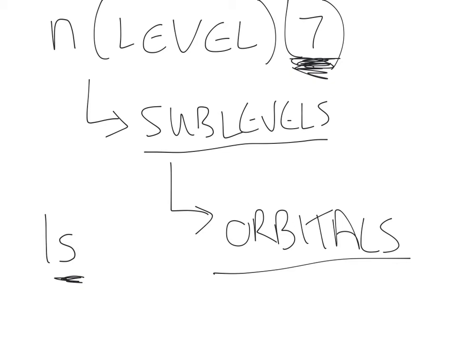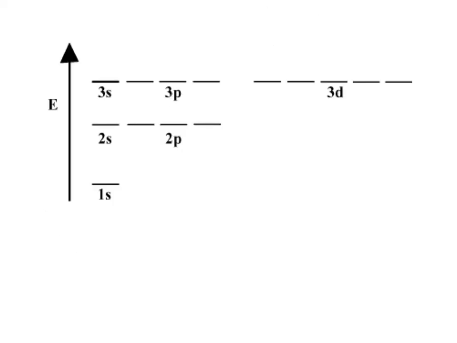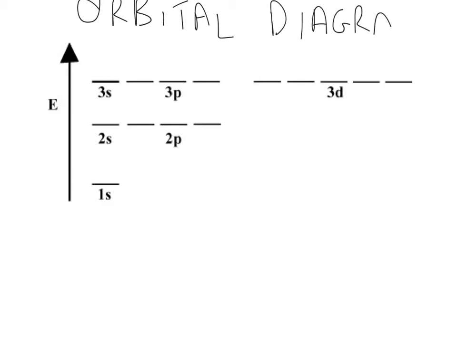So this is how the atom is split up. It's not just levels. It's broken up into sublevels and orbitals. Each orbital can hold, as we said, 2 electrons. So this is known as an orbital diagram, and this one's vertically oriented, and it shows increasing energy as we go up the diagram.